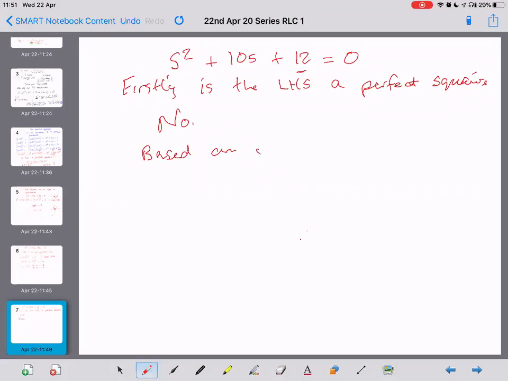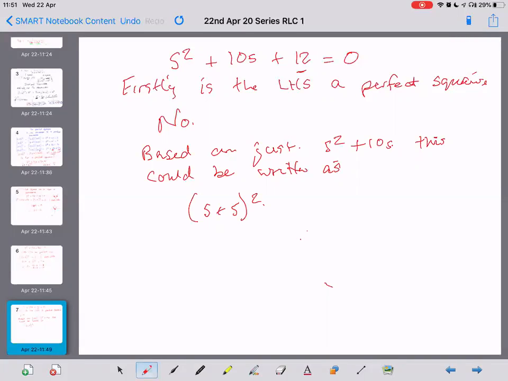Based on just the s squared plus 10s part, if we write that as s plus 5 squared, what does that multiply out to?